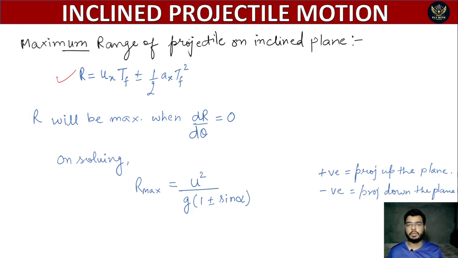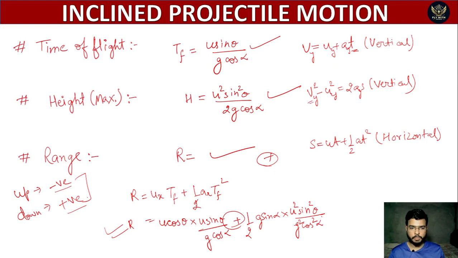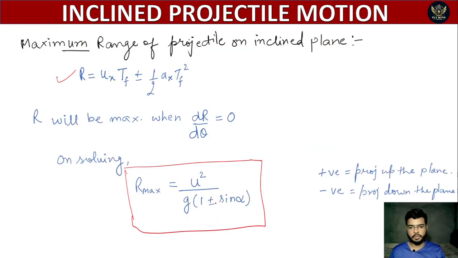The maximum range comes out to be R max is equal to u squared upon g times 1 plus sin alpha. Here the sign will be changed, I think: you take the positive sign for projection up the plane and a negative sign for downward motion. Means the original signs are changed at this point.